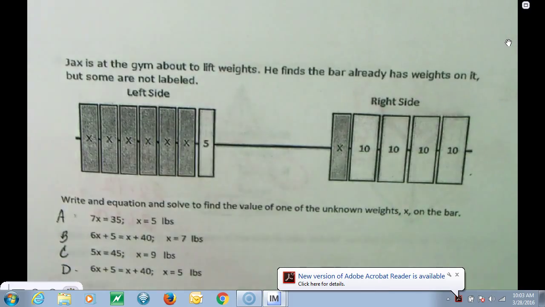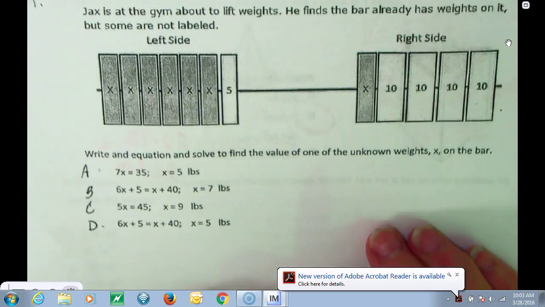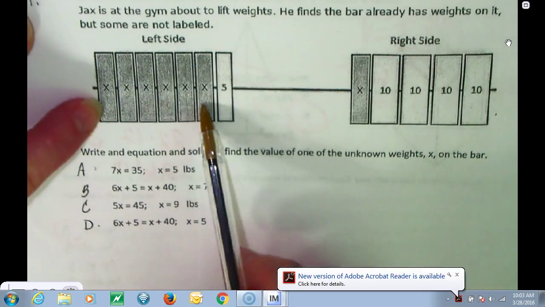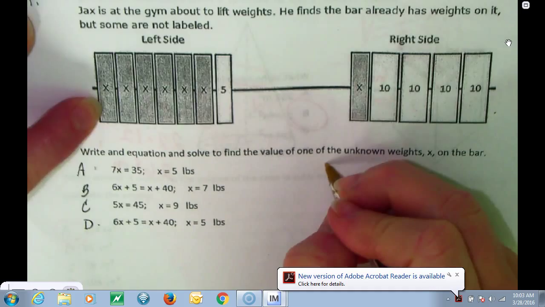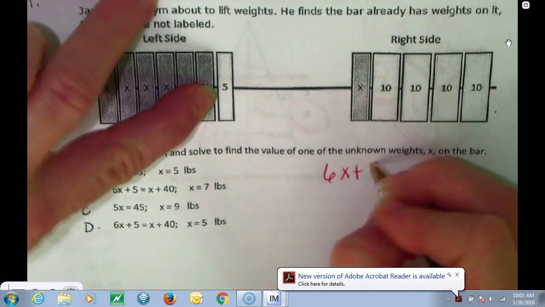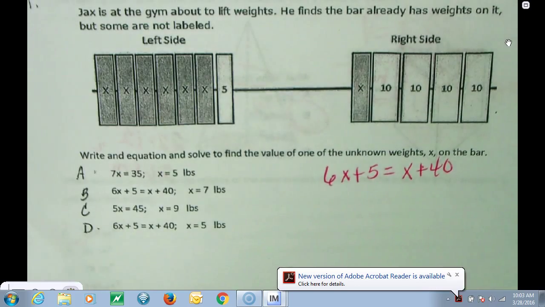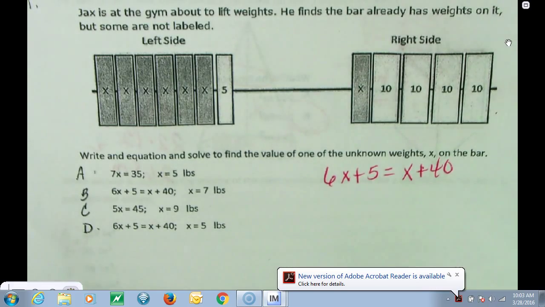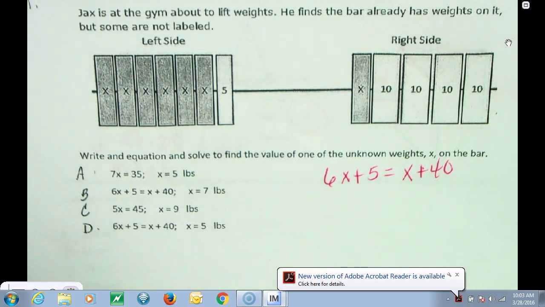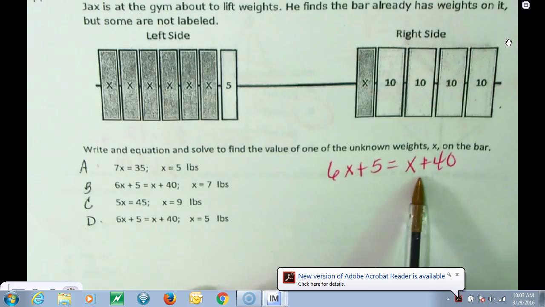Okay. On 39. Look, guys. How many x's are over there to the left? 6x plus 5 equals x plus 40. Come on, write it down. How do we solve these equations?